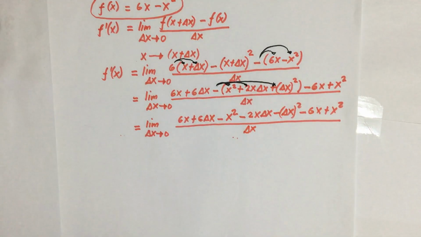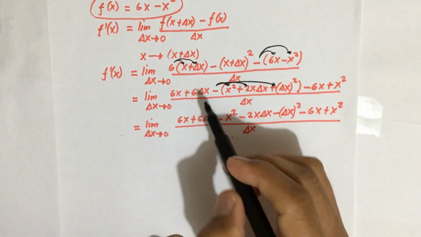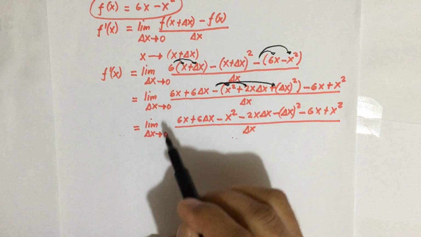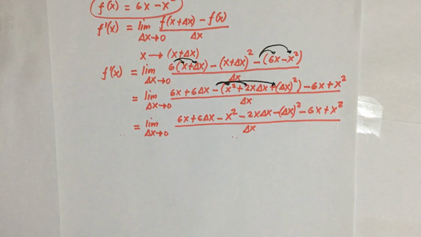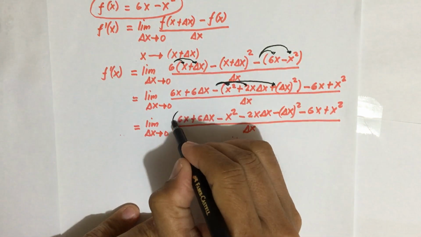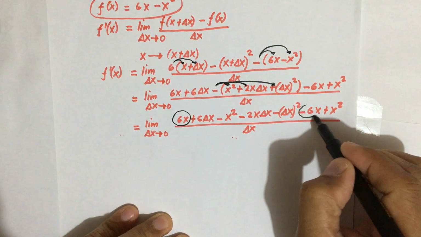So now let's look at the numerator. At the numerator we have similar terms, so we can combine them. So for example, we have positive 6x and we have negative 6x here.